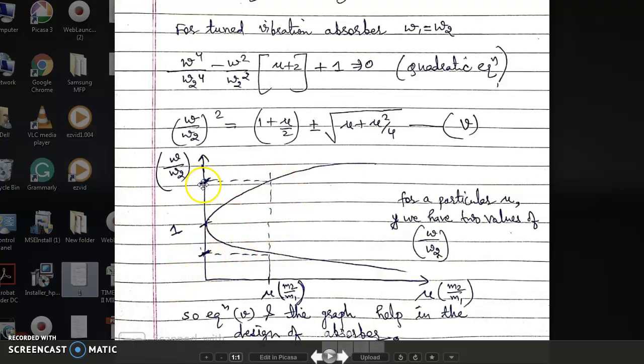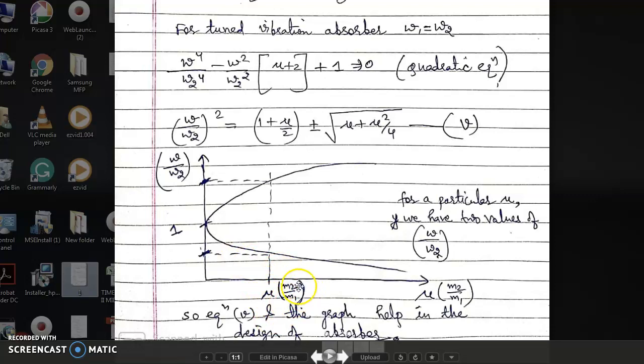So I know at which frequency my amplitude is going to infinity. So I won't go at this frequency, so that my amplitude will not go to infinity.